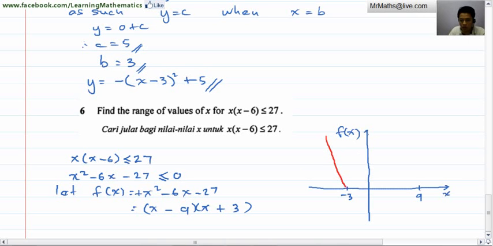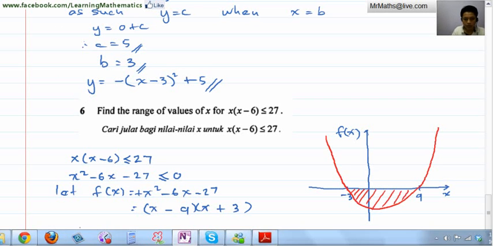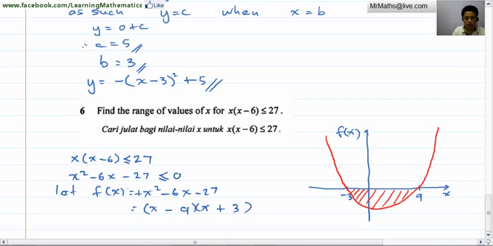It goes through here, roughly. So that is going to be the curve of the equation. And because the area that we are interested in is anything lower than 0, it is this area. Then we know that the range of x is going to be x greater than or equal to -3 and less than or equal to 9. Okay, that is the answer to this question.